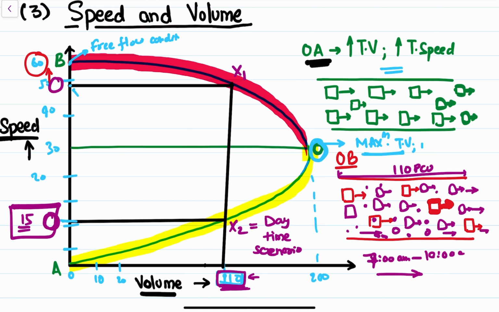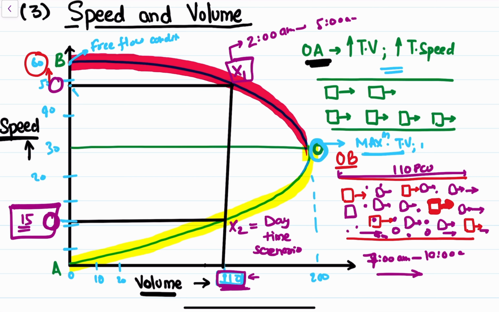Contrary to that, at point x2, which can be considered, let's say, a time of 2 a.m. to 5 a.m. Now here, what is happening? Let's say you are doing a 1 hour traffic study just like the previous case we have discussed right now.